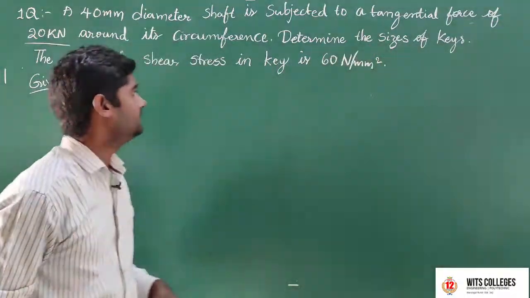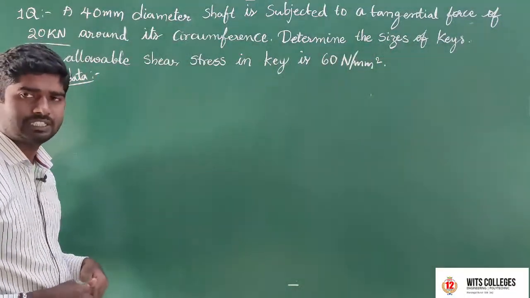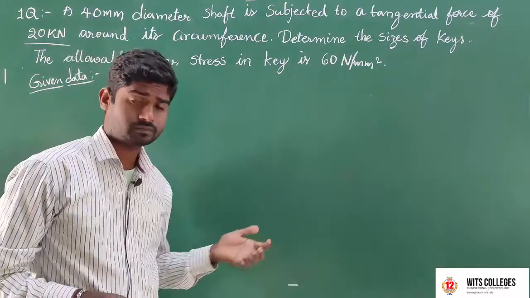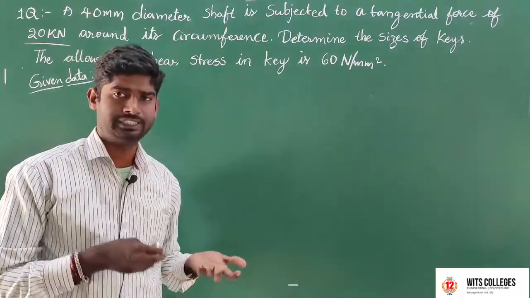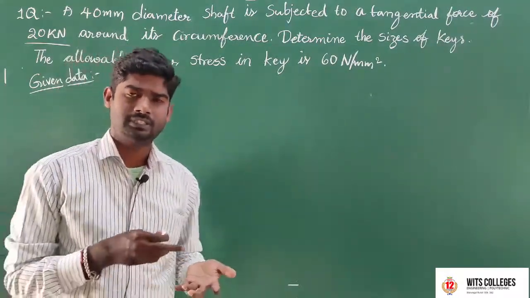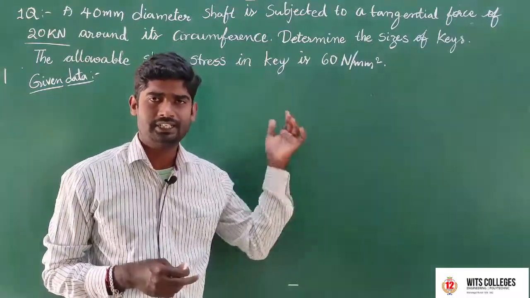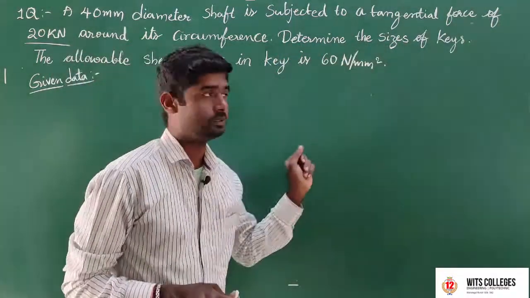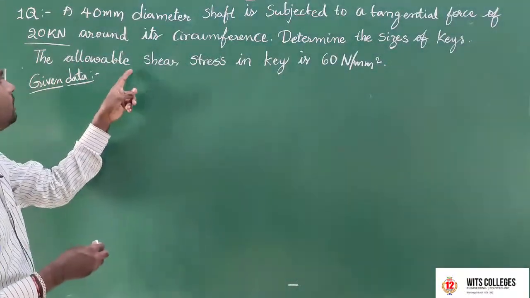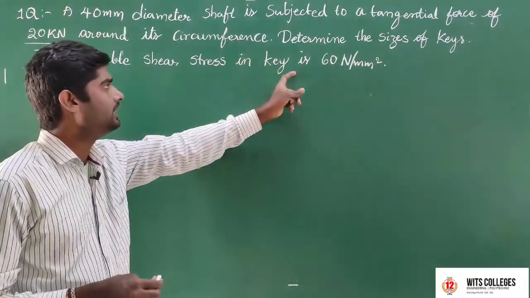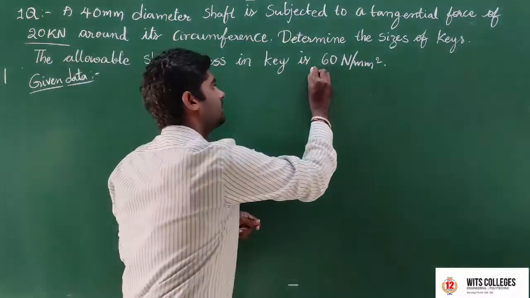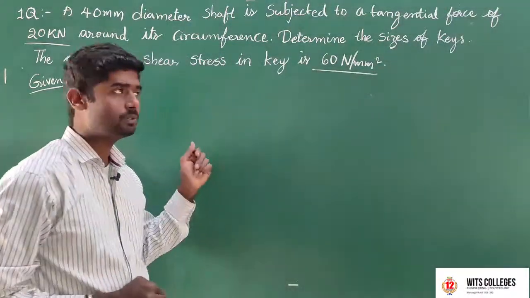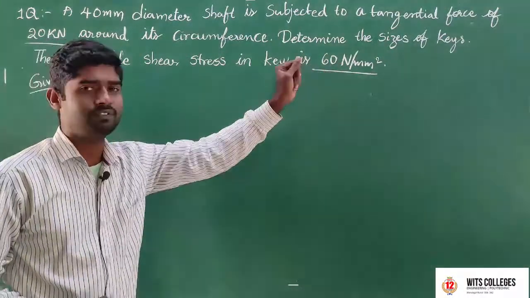Determine the size of keys, nothing but determine the key dimensions: width, thickness, length. That's why determine the size of keys. The allowable shear stress in the key is 60 Newton per mm square.